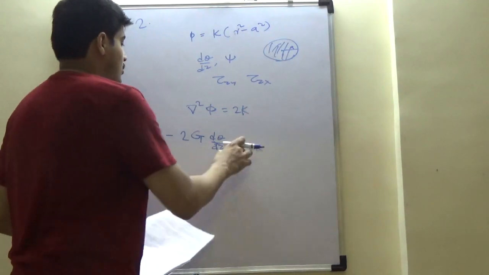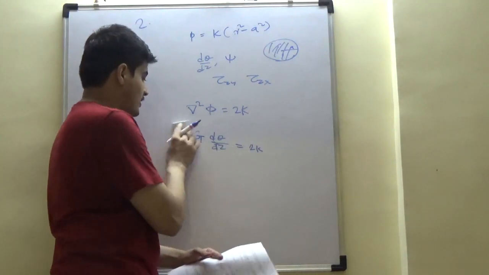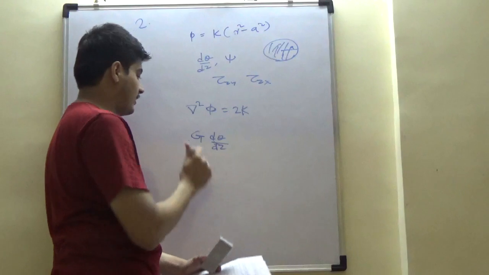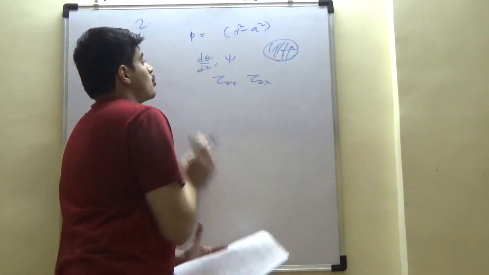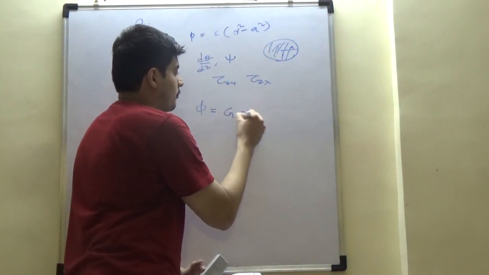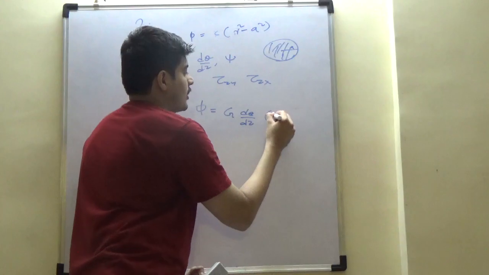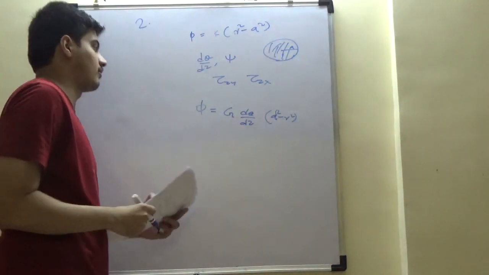The constant of integration is known. We also know that G dθ/dz is k, I can substitute this here. So my phi becomes G dθ/dz (a² − r²), because see the negative sign, it was minus of this.